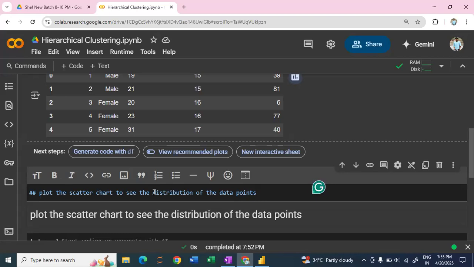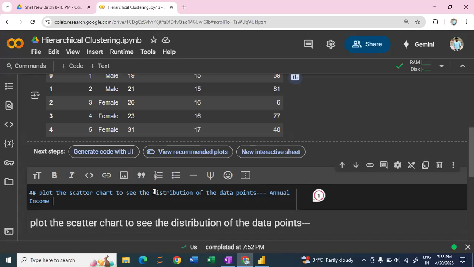Now, what data points are we taking here? We are taking annual income and spending score.